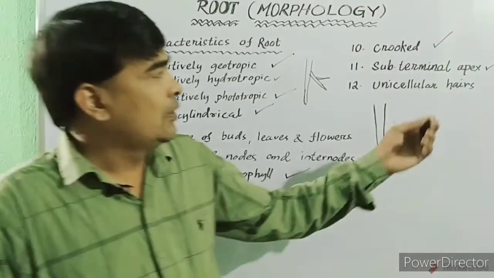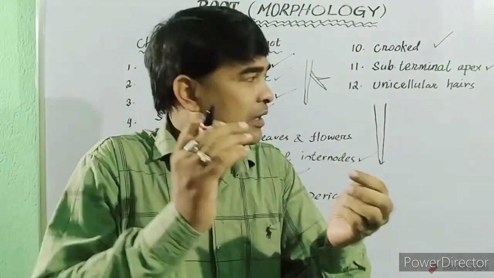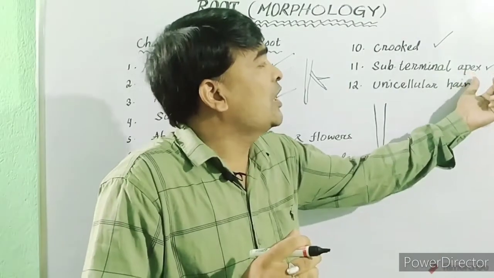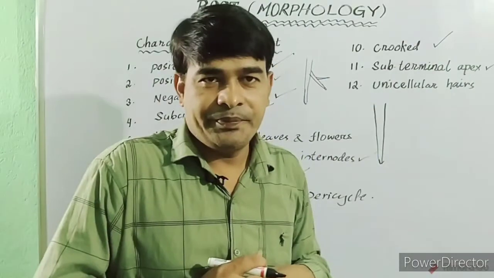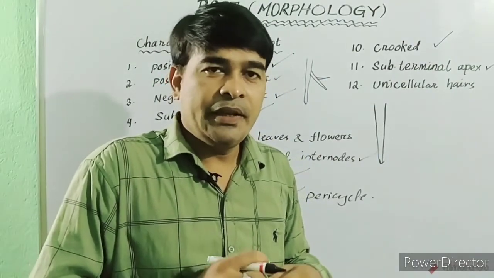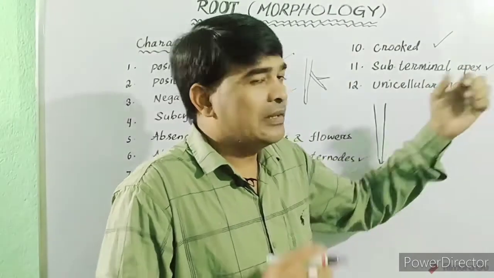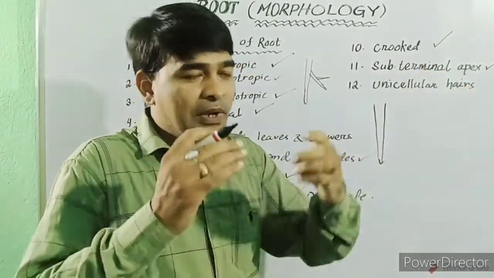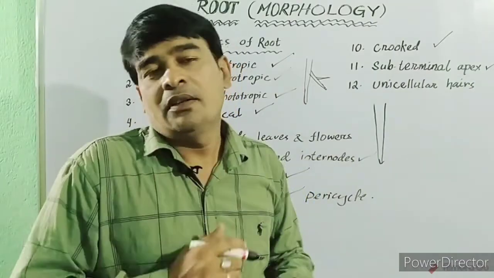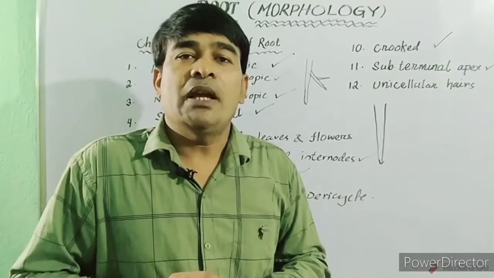As you know, there is a cap called root cap covering the growing point or apex of the root. This cap protects the apex, and that's why the apical part or growing point of root is subterminal or subapical.